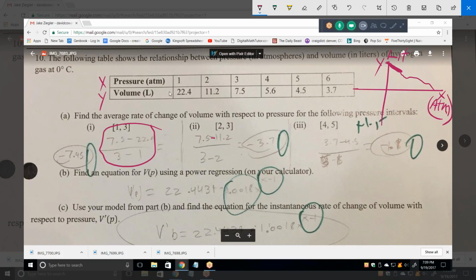All right. Now hit menu. Okay. And choose statistics. And then choose stat calculations. Okay.